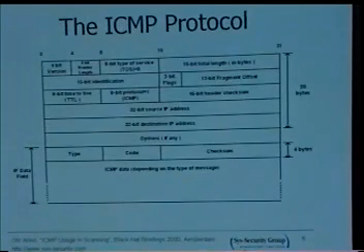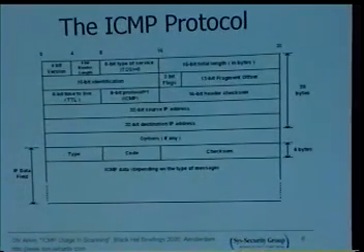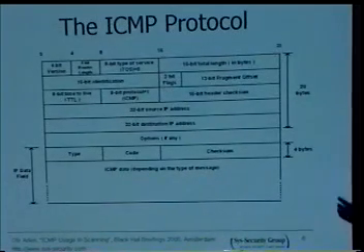Other characteristics outlined in the RFCs are that the TOS byte field value should be 0 when sending ICMP queries, and of course the protocol field should be set to 1, which stands for ICMP.